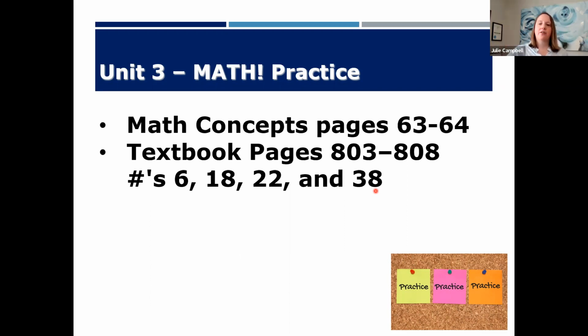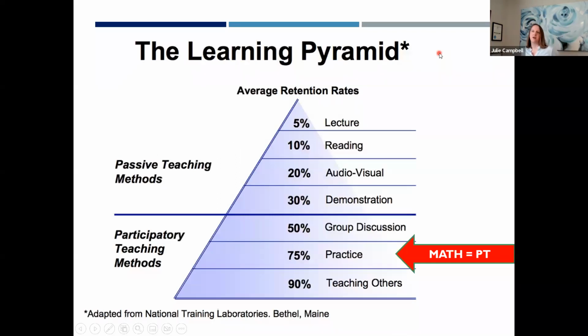Before we go into the online learning system, I just want to show this. You're not going to be tested on this, but this is just to help you guys understand the importance of practicing. There's been studies about how adults learn, and one study came up with this learning pyramid. You guys see how much of the math you just retained by doing it in class with me? About 5 to 10%.